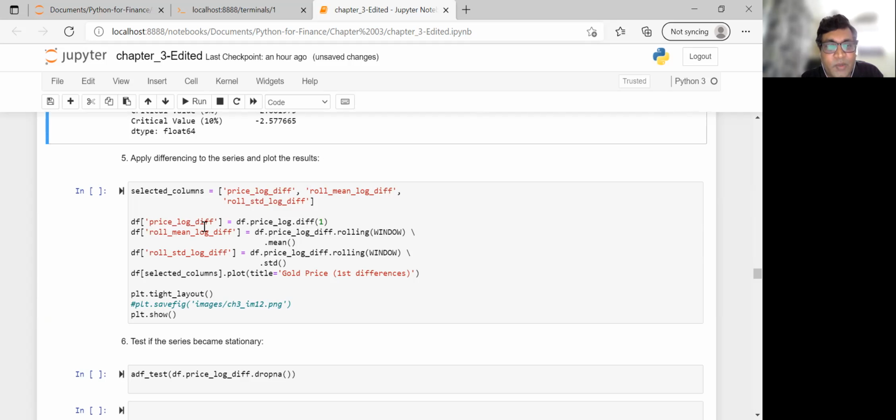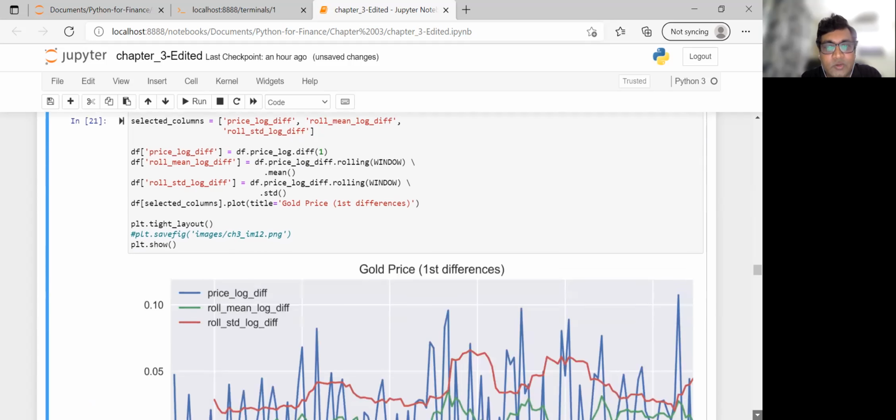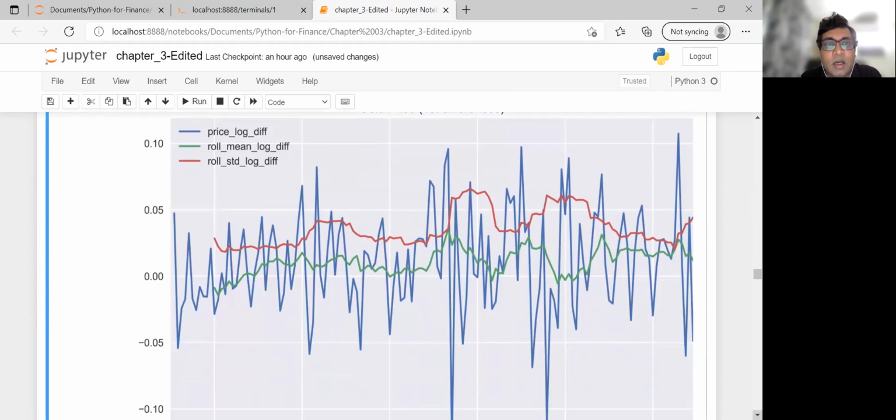We have taken the log differences. So whatever log we have taken there, we have taken the log differences, and then we have taken the mean of those log differences and the standard deviation. So we'll see if any of those series becomes stationary or not. Okay, so now you can also see the graph of it, and by that you can at least understand. We have blue, which is the log differences, and now here you can see that the time series is kind of constant.